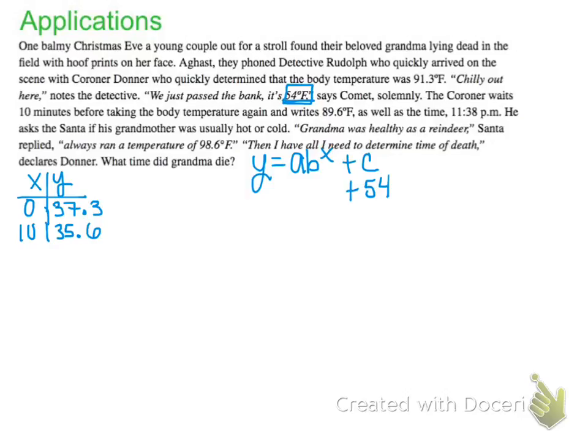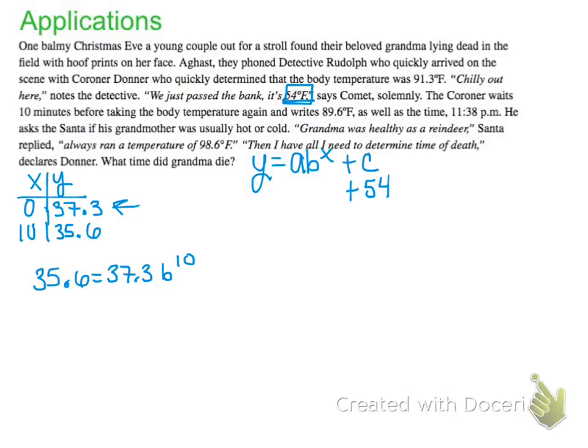So then I took the other two temperatures, the 91.3 degrees that they first measured her at, and also the temperature 10 minutes later of 89.6, and I subtracted the 54 from both of those, and you can see those values within my table. Remember that this 37.3, because it's our initial value, is going to be our A, and we're going to use that to solve for B.